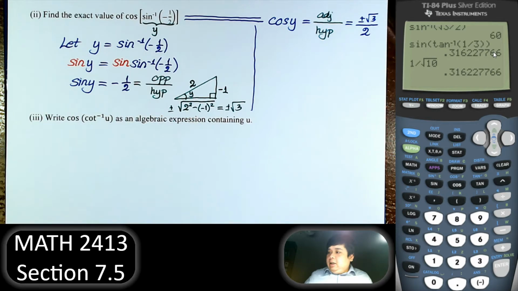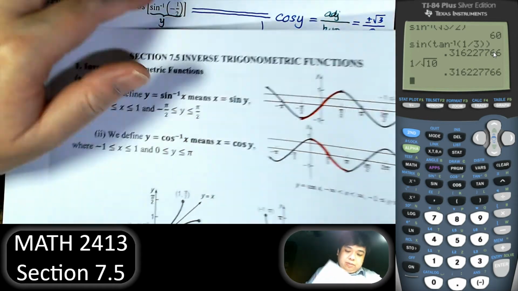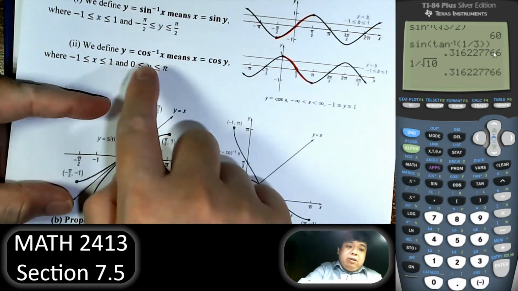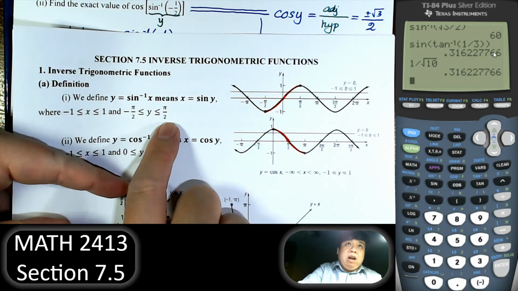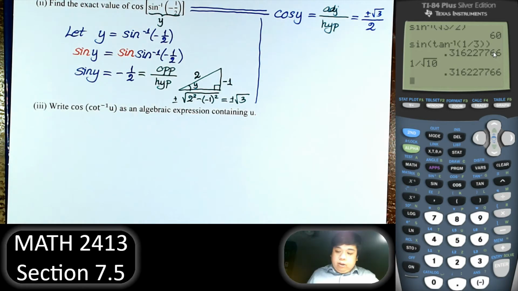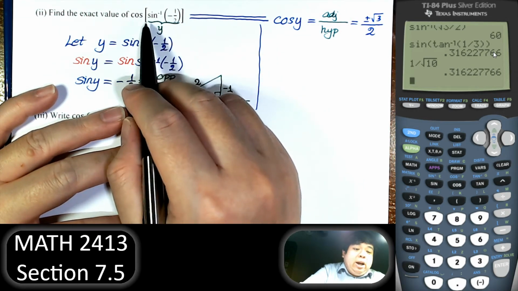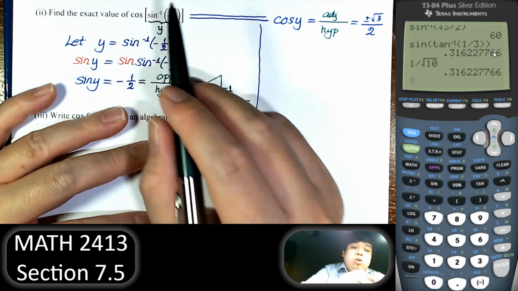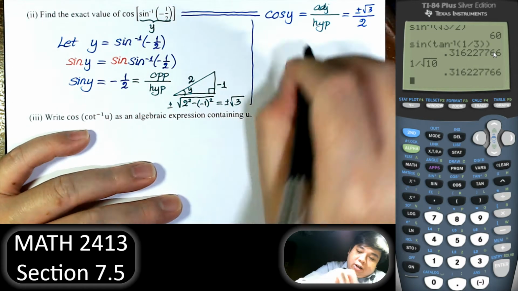Well, go back. The sine inverse is going to be between negative pi over 2 and pi over 2. So I would say the sine inverse is in quadrant 1 and quadrant 4, and cosine of quadrant 1 or quadrant 4 is going to be positive.